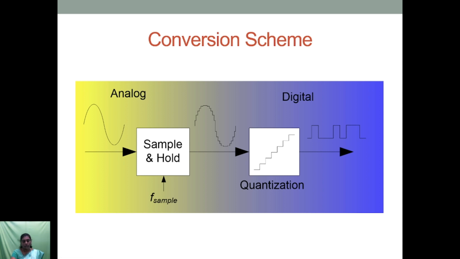So this sample and hold circuit converts this analog signal into discrete signal like this, or otherwise this process is called as quantization. Again, this discrete signal is converted into digital code, that is zeros and ones. So this is the basic conversion scheme we use for analog to digital conversion.